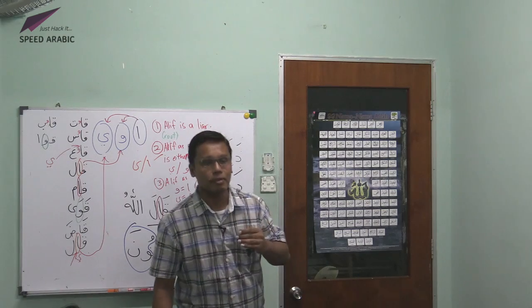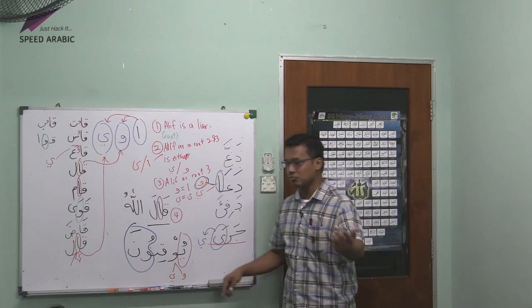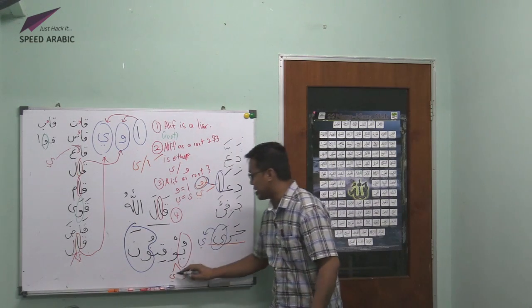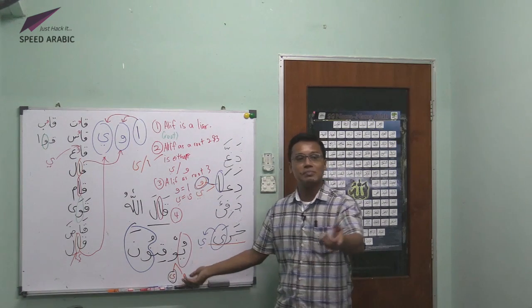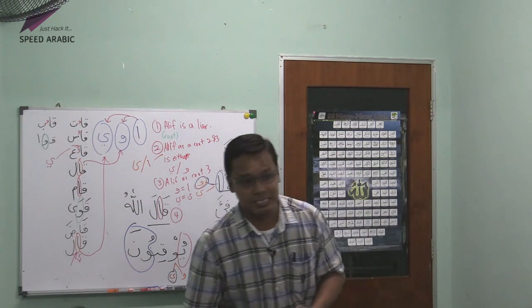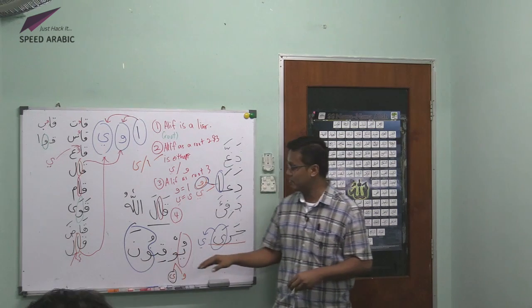165. Okay, so 165. What are the roots? Ya corner. Ya corner. All right. So what's the meaning of ya corner? Certain. So now what's the meaning of yuqinun?